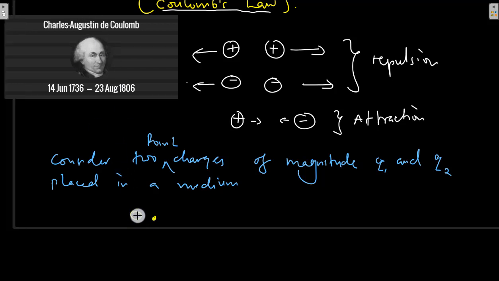Let's assume all these charges are positive. And all we know is that these charges are going to repel each other with a certain force. So let this be the force on Q1 due to Q2, and this be the force on Q2 due to Q1.